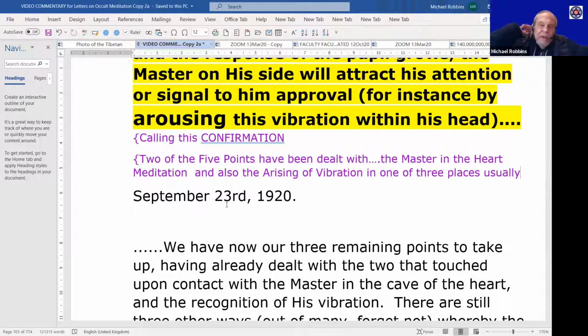That area around the base of the skull and the top of the spine seems to be related. Both parts seem to be related to each other. We would have the alta major and throat center both being stimulated. And now we have other points to take up.